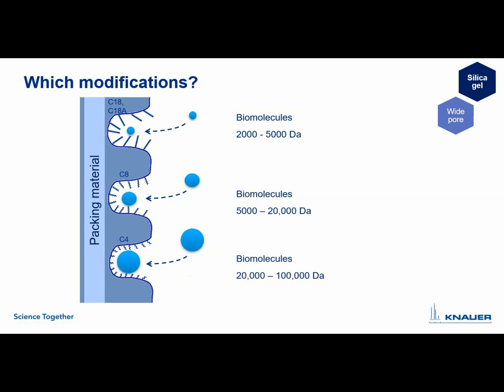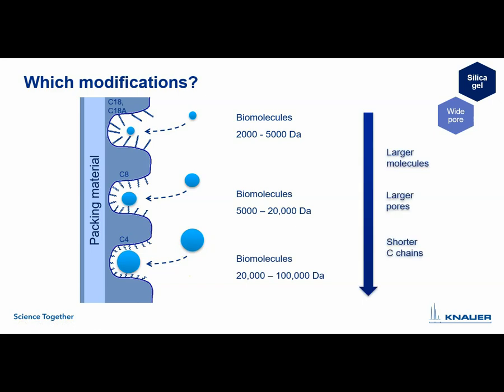So you see, the larger the molecule gets, the larger the pores have to be, and the shorter the C chains on the material have to be, because otherwise they shorten the pores. And this is why I told you in the beginning, these are reversed phase materials, but sometimes we also use more polar ones, because a C4 modification is much more polar than a C18 one.